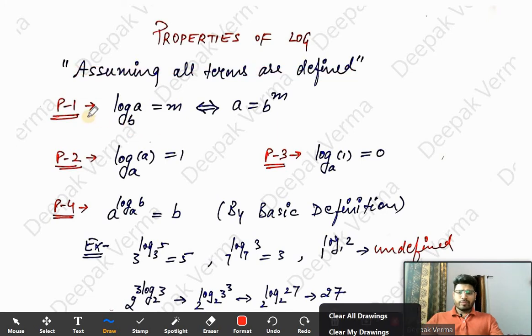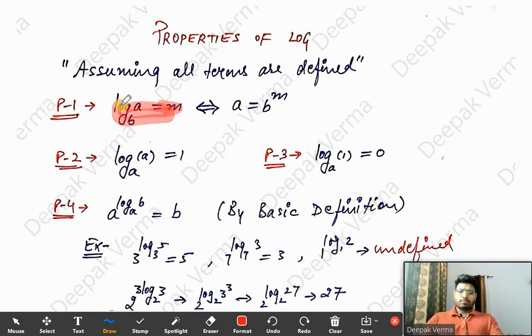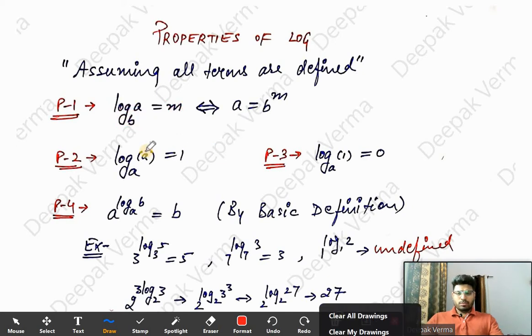Is it clear? So the first property is: log a to the base b equals m. Now if we have to convert this into exponential form, what we do is: base to the power right hand side equals argument.